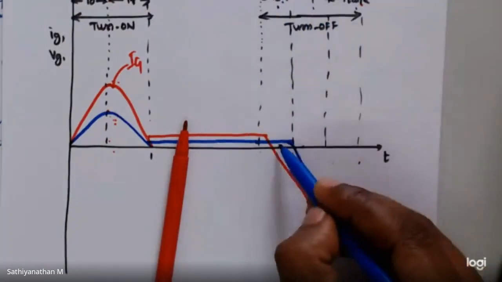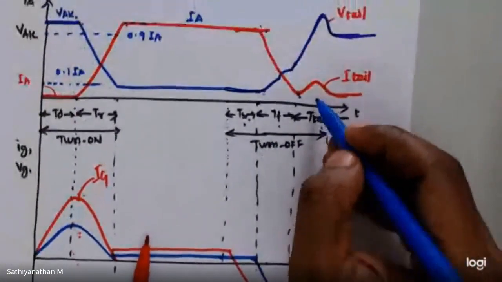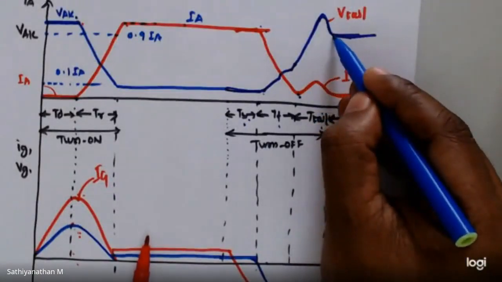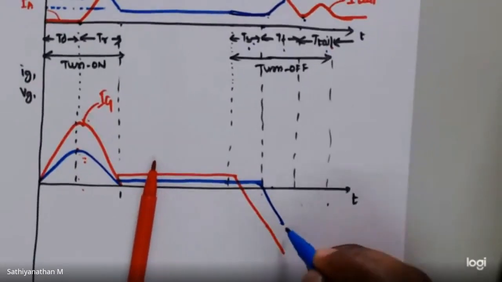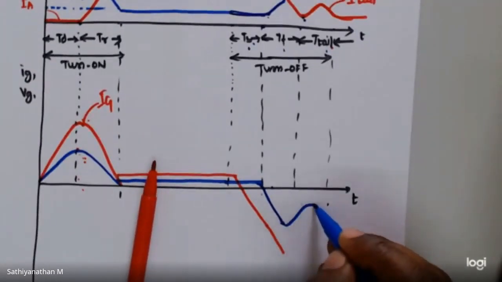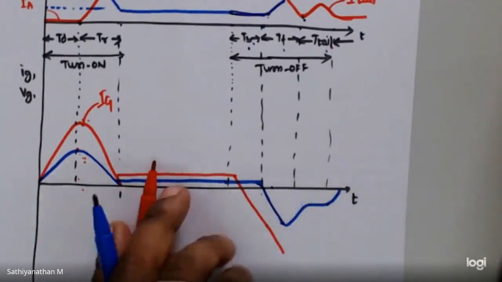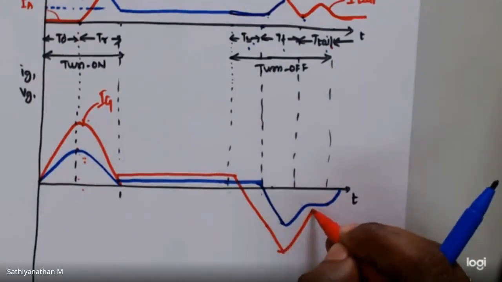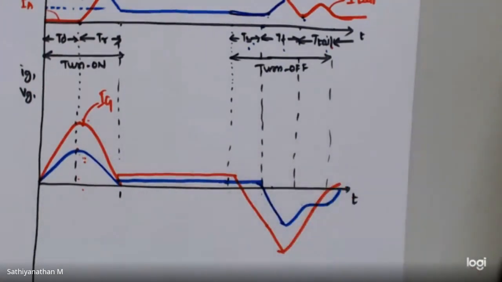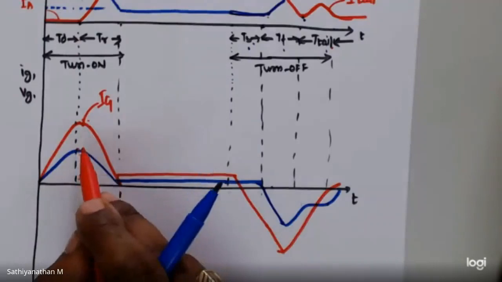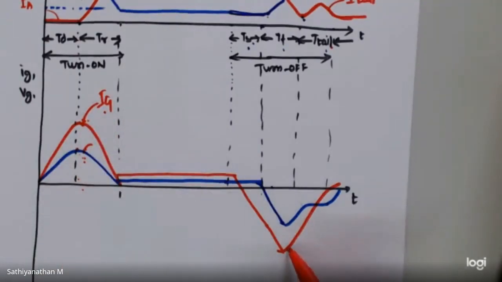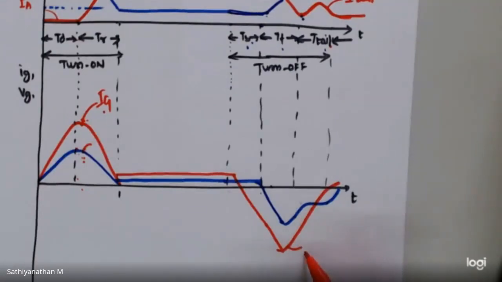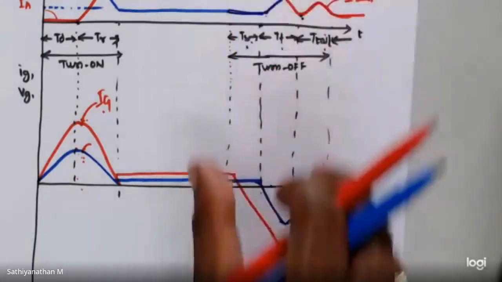Because of this lag, we have some sudden rise in current and voltage magnitude. After this, it will become 0. So this is for a positive gate pulse, gate voltage and positive gate current. This is for negative gate voltage and negative gate current. You may have this response.